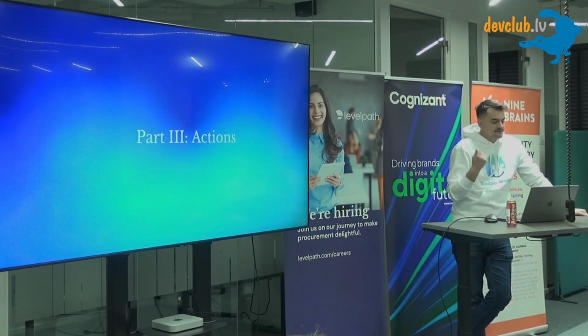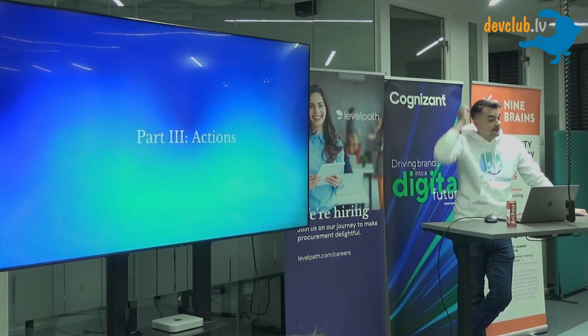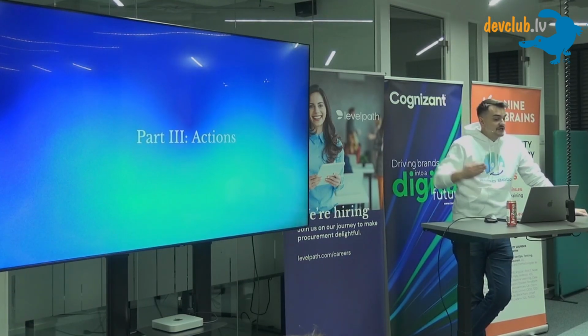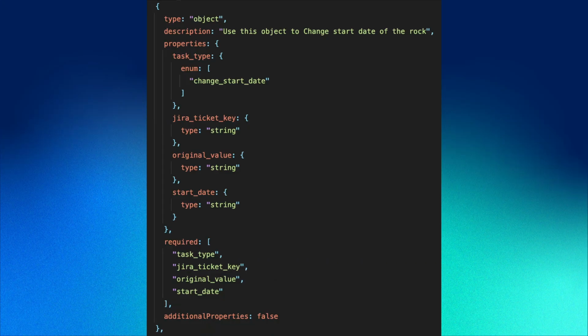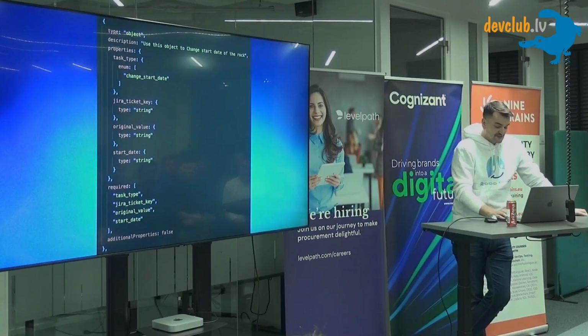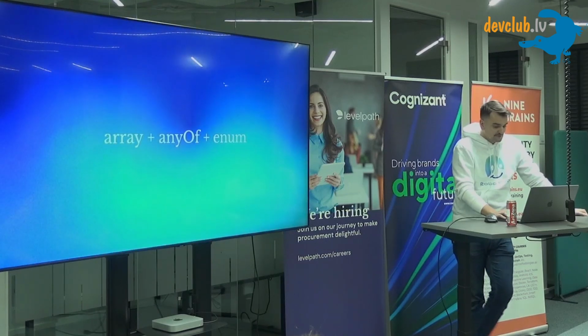This will be the first thing that will allow our assistant actually to do something and become an agent. Actions we will describe in the schema as well, and all you need to know is that one kind of action is described by a JSON schema object. We will come to this a bit later.